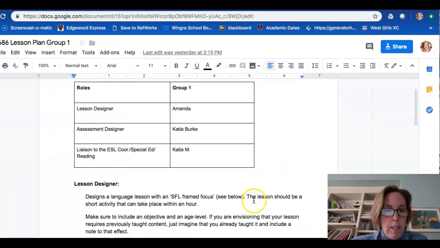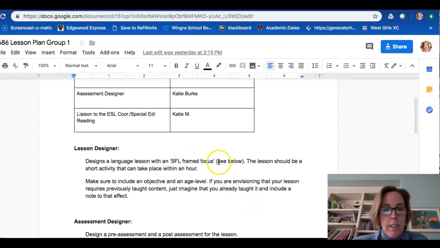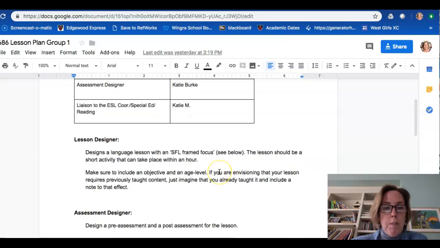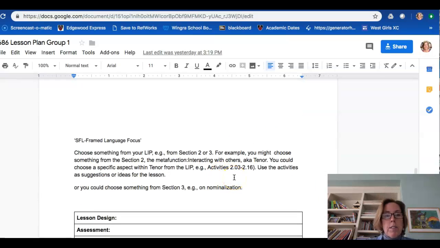And with an SFL focus, let's see below and see where that is. Choose something from a language investigation packet, like either section 2 or 3. Here's an example: you could do something with tenor. You just did a whole bunch of work with nominalization, so you could do something with that.